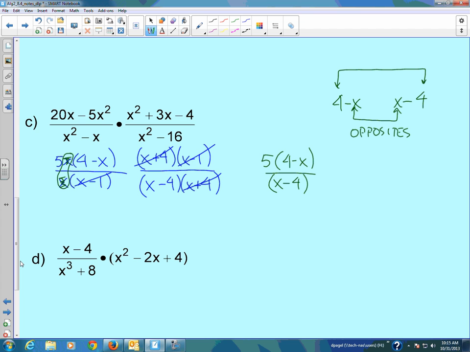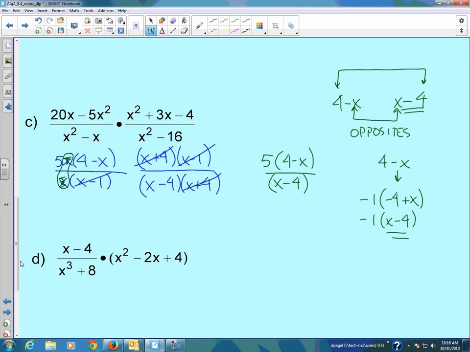And therefore, if I were to take the 4 minus x and factor out of it a negative 1, then I'm going to get 4 minus an x, and it's going to become, a negative comes out of it, I get a negative 4 plus an x, or negative 1 times x minus 4. Well, now I have the same factor. 4 minus x becomes negative 1 times x minus 4.